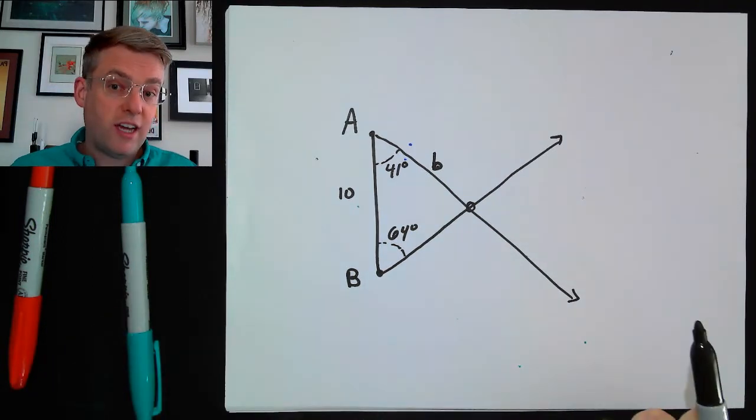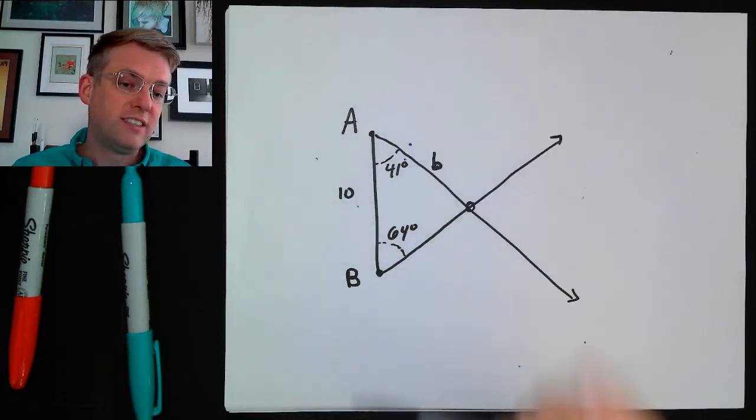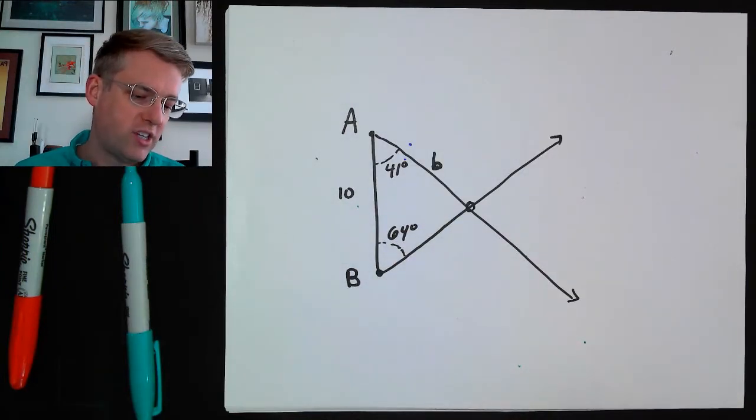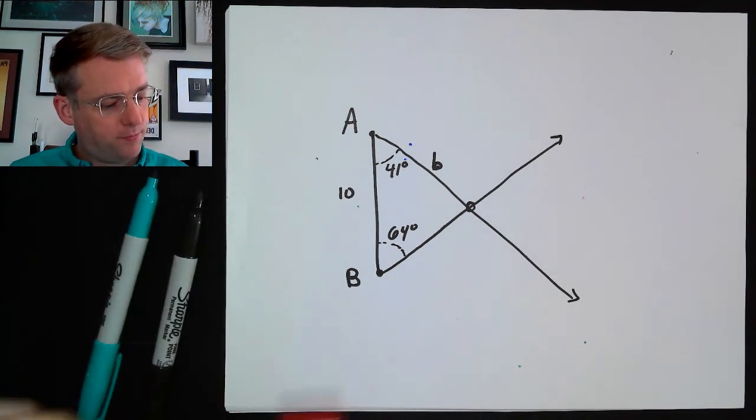So this is a law of sines problem, like I said, because we know a lot about the angles and we only know one side. The law of cosines uses all three sides. We need to know at least two of them. So this is a sines problem.